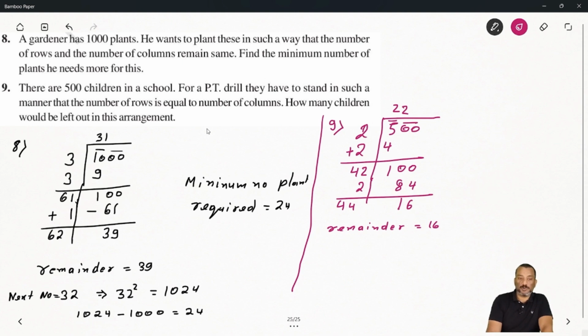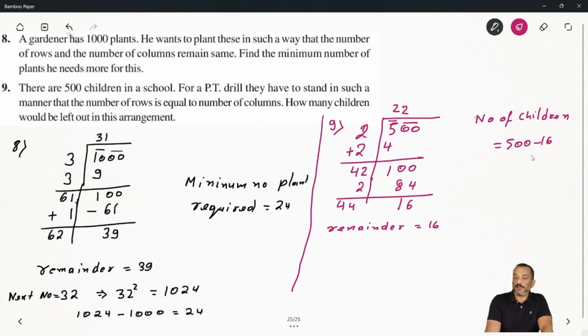Here it is asking how many children are left in this arrangement. So the number of children left is equal to 500 minus 16.